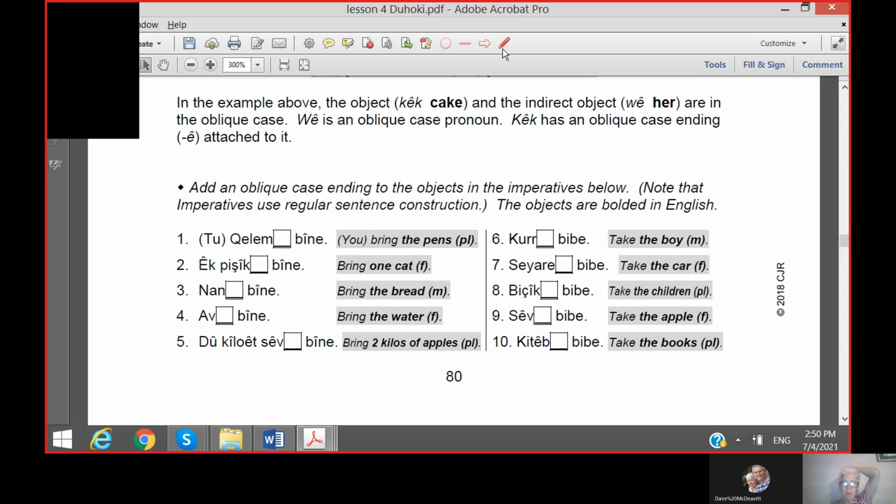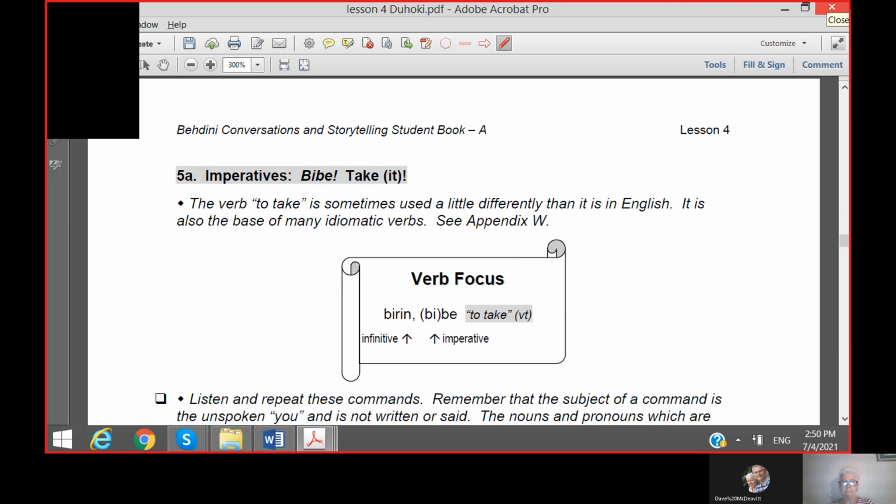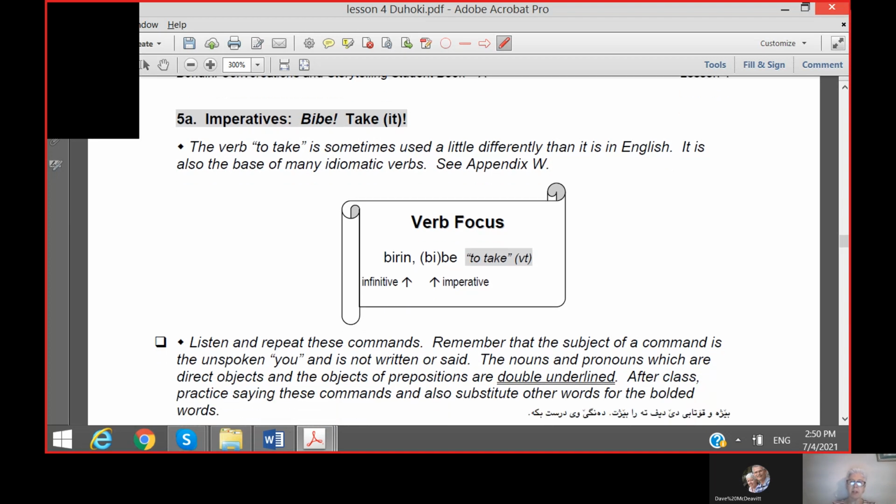So in this first one, bring the pens, which is plural. So you get the plural ending and you put it in the box right there. Okay, you can do this on your own and check it in Appendix S. And then we have some imperatives to practice this with. On the next page, page 81.